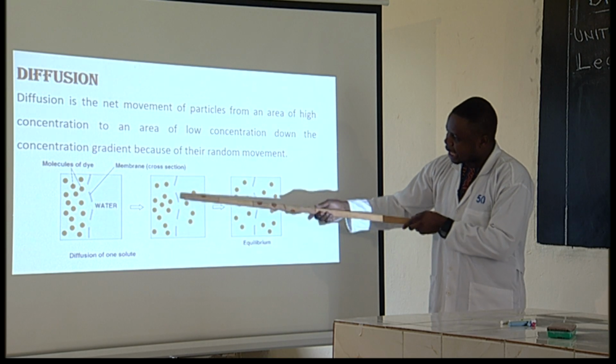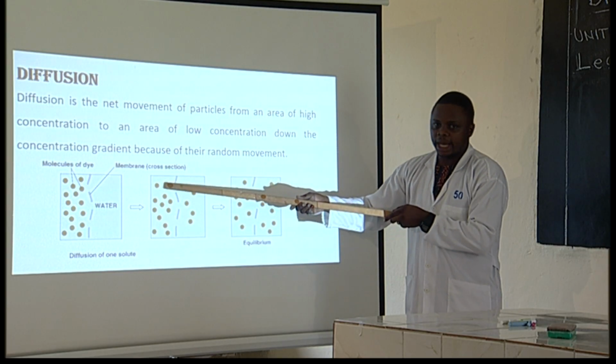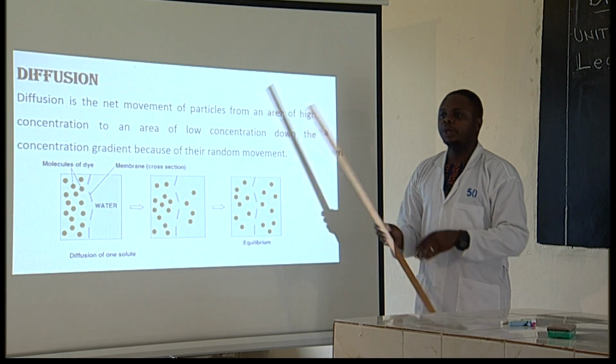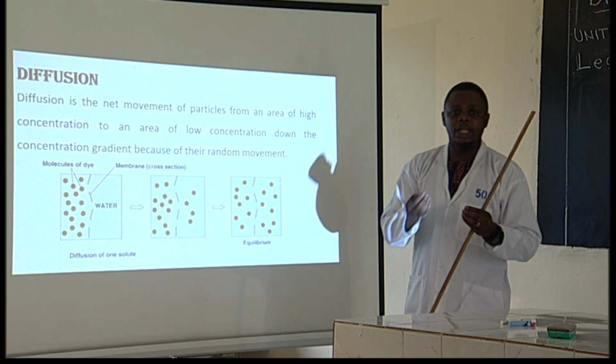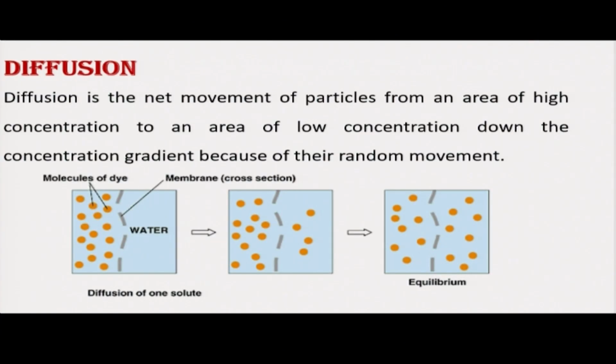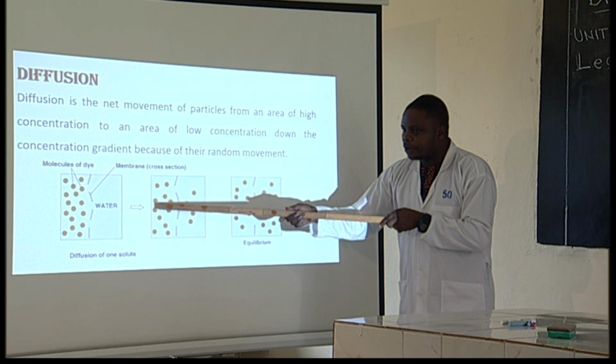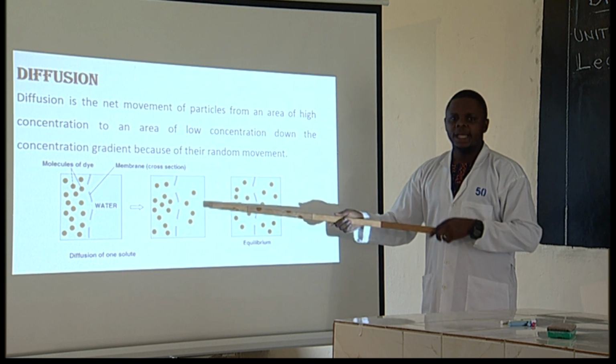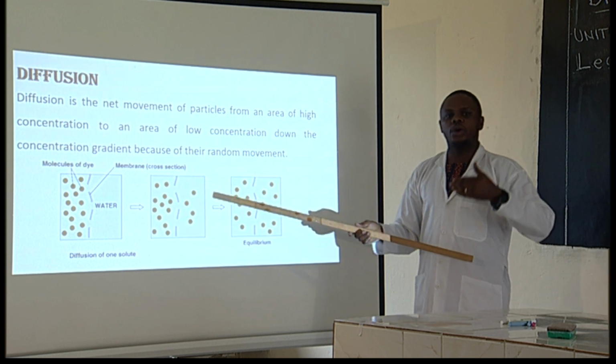Like you can see here, the concentration is high. Here, the concentration is low, which means there is a difference in concentration gradient. For that case, these molecules will move from where there are many to where there are less. This process is what we call diffusion.